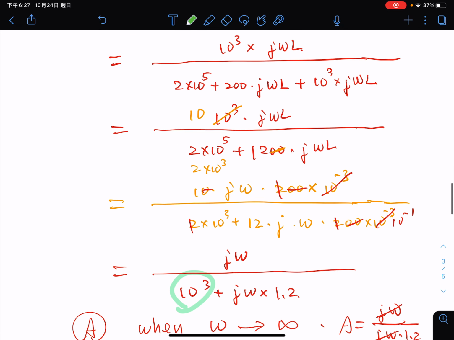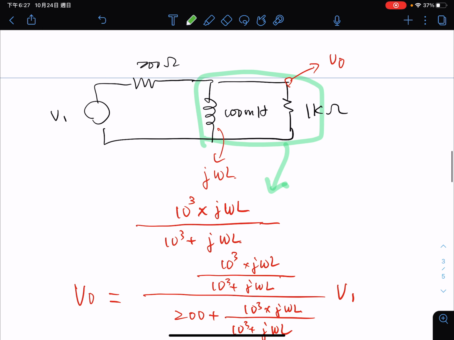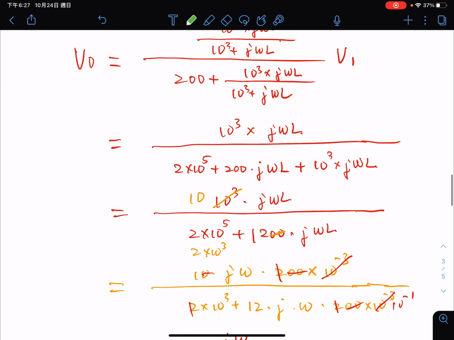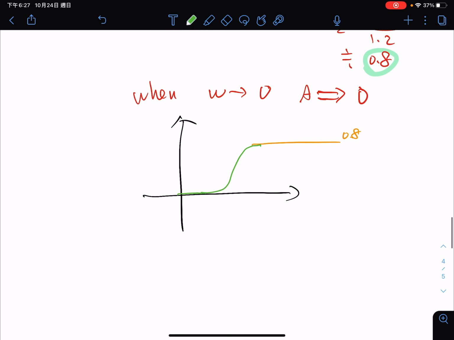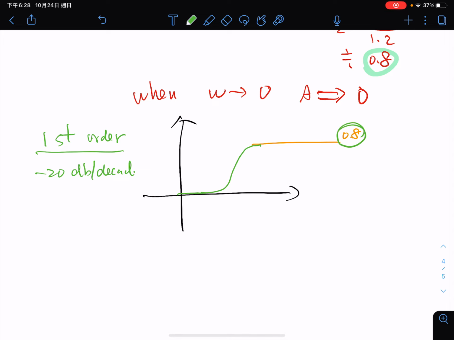And because there's only one inductor here, again, this one is first order. It's very easy. When there's only one inductor or one capacitor inside here, it has to be a first order one. So it should be minus 20 dB per decade. Okay, and this is 0.8.